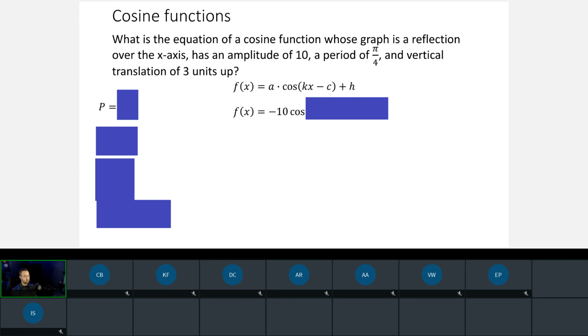Next, we need to figure out the k value. So how do we find the k value for this cosine function? 2 pi is the period. Yep, so we use that formula, P equals 2 pi over K. You are correct.